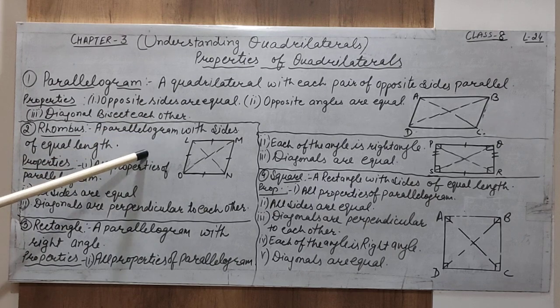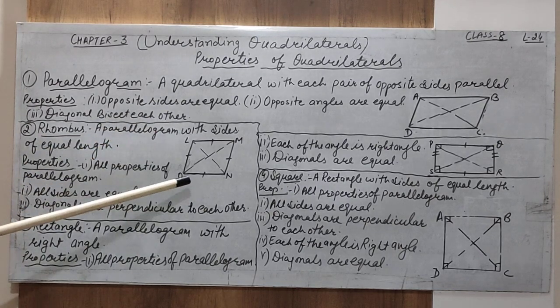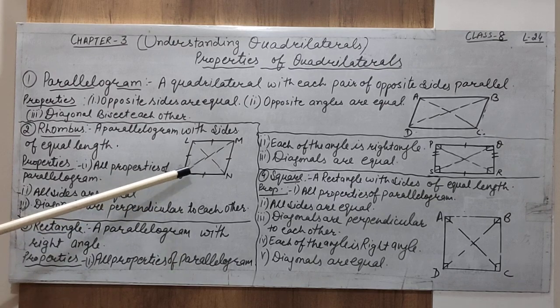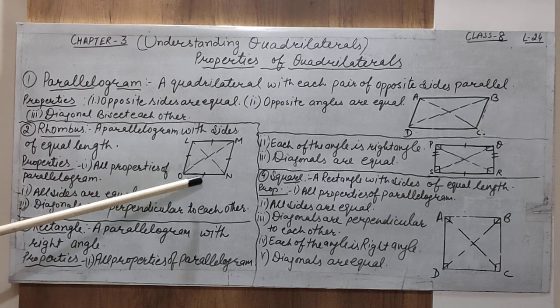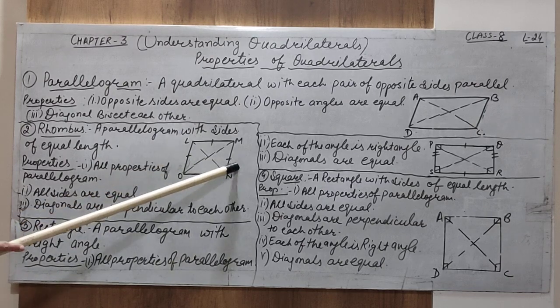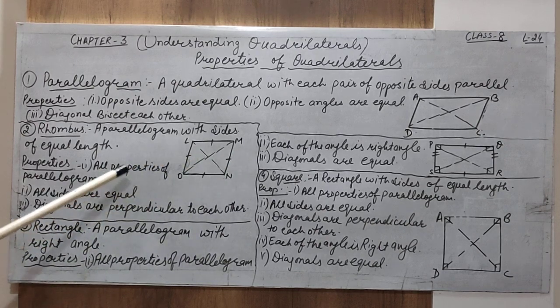Other properties are similar. You can see the figure: LMNO is a rhombus in which all sides I have shown are equal. We can show this by this symbol, that all sides are equal.